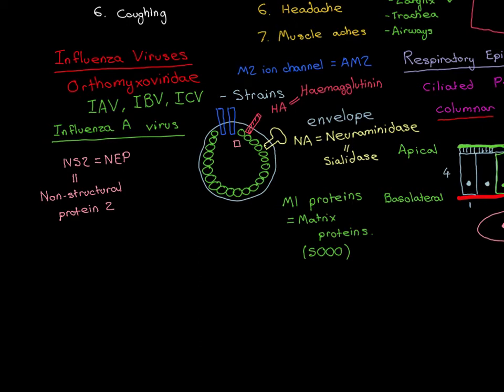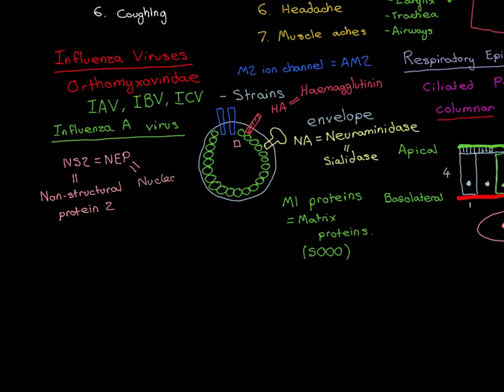And then it turned out that actually inside the M1 shell of the influenza A viruses you do have NS2 proteins, and therefore we have come up with a new name for non-structural protein 2. It's now the NEP protein, and this is a good name for it because it describes actually one of the major functions of this protein, which is nuclear export.